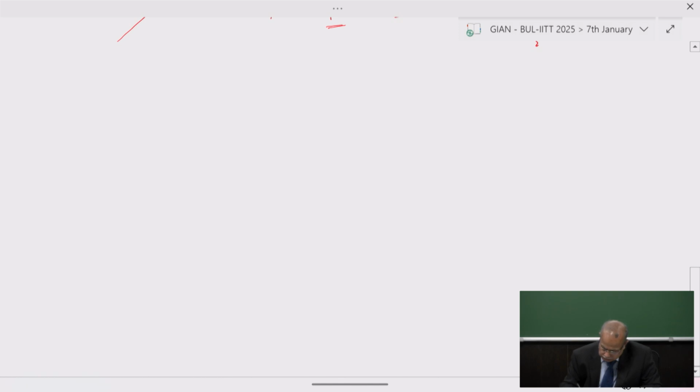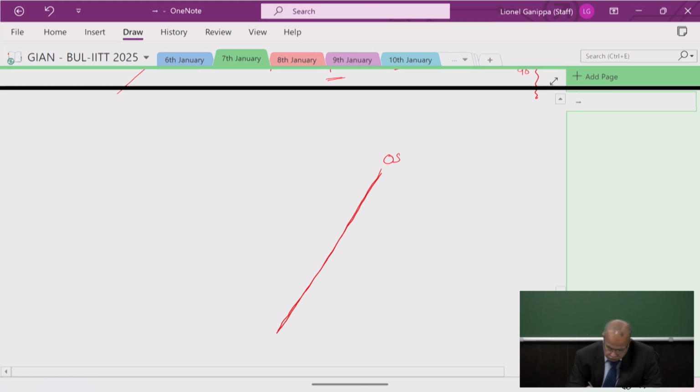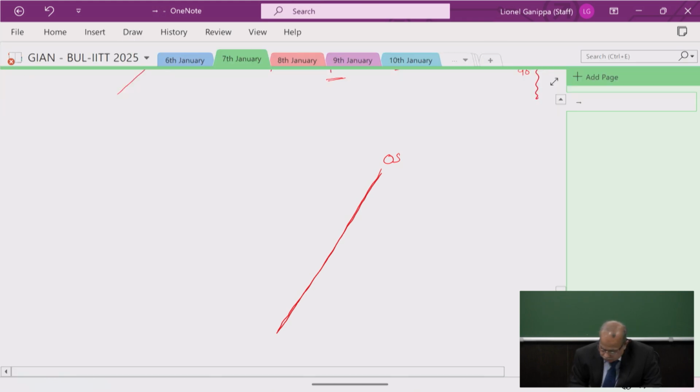Now let's look at a situation of an oblique shock and a flow encountering the oblique shock with a velocity V1. This makes an angle beta, the oblique shock wave angle.